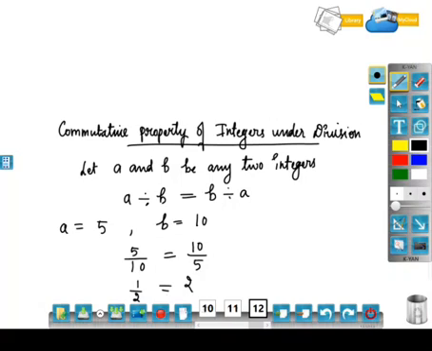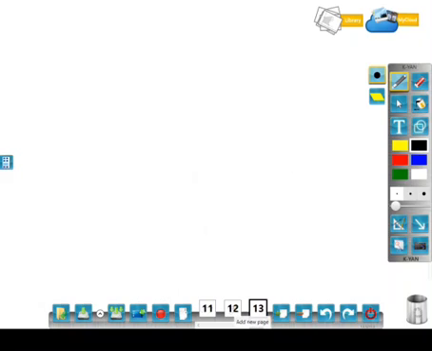Now my question is, is 1 by 2 equal to 2? Obviously, they are not equal. So when they are not equal, that means integers are not commutative under division.